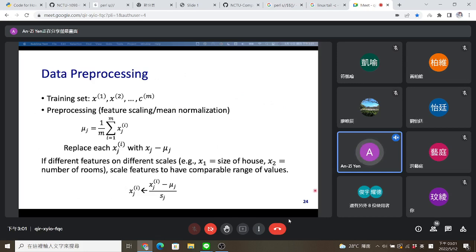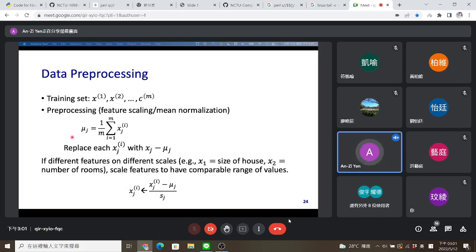This is very similar to the mean normalization and feature scaling process, which is one of the important steps in PCA.